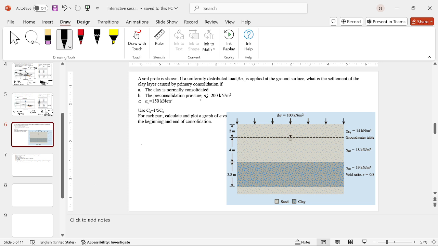Second, the pre-consolidation pressure is 200 kilonewton per meter square. Now first of all, let's see how much overburden this soil will have.